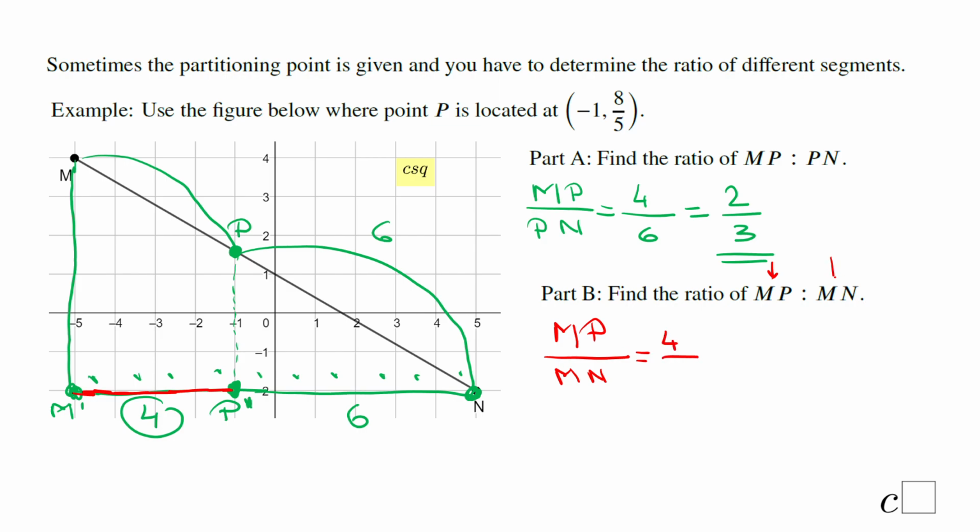And Mn goes with what? This will be the corresponding guy. How long is this guy? 4 plus 6, right? That would be 10. 4 over 10 means 2 over 5. That's it for this problem. Very easy if you want to use the graphical approach.